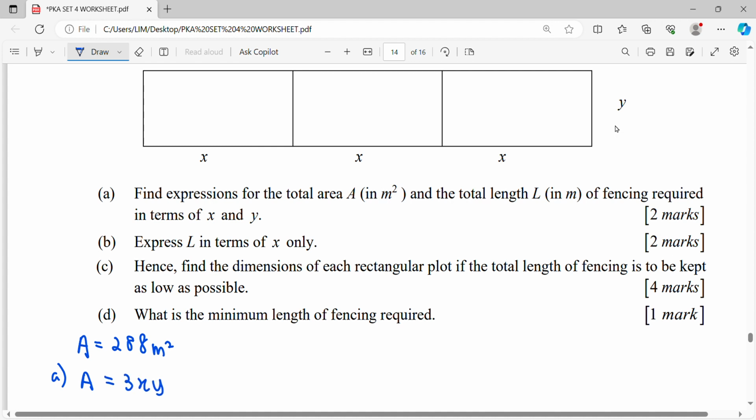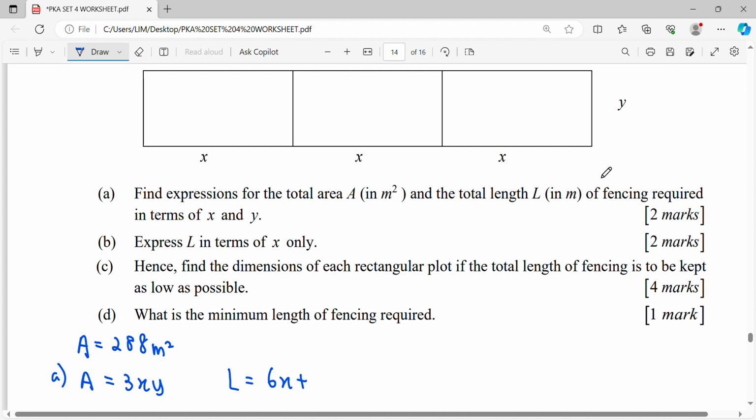Meanwhile, the fencing, they denoted it as the symbol L, so we use L. We didn't use our own symbol. So fencing, you want to find this perimeter, it will be x, 3x. This side also 3x. In total will be 6x plus y.